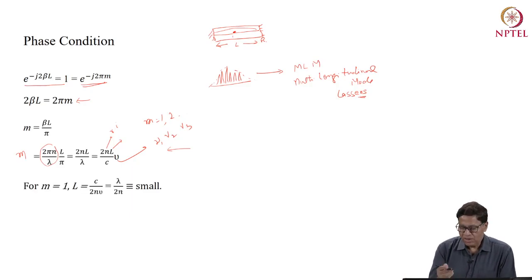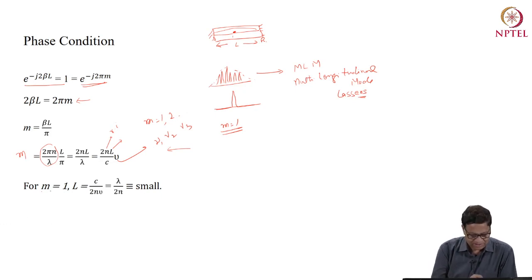This will have some spectral bandwidth. Suppose ideally I want a single wavelength to be excited. That means I should have m equal to 1. Only in that case will I get only one mode.